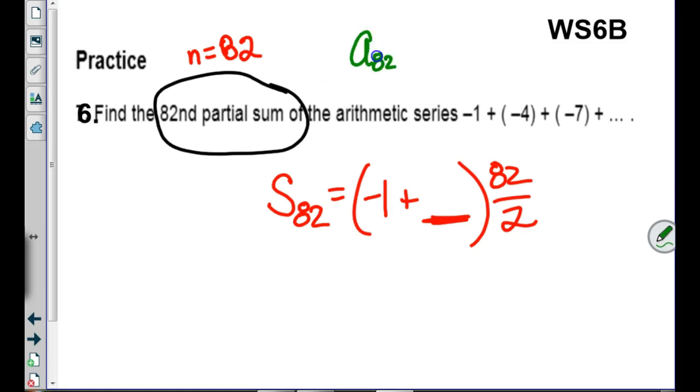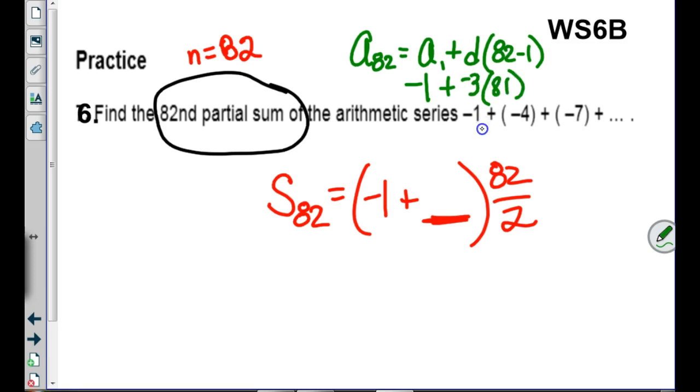Term 82 would be found by taking the first term and adding the difference, 82 minus 1, or 81 times. So negative 1 plus, what's the difference? Oh yeah, negative 3. 82 minus 1 would be 81 times. Negative 244, maybe? Someone check me.